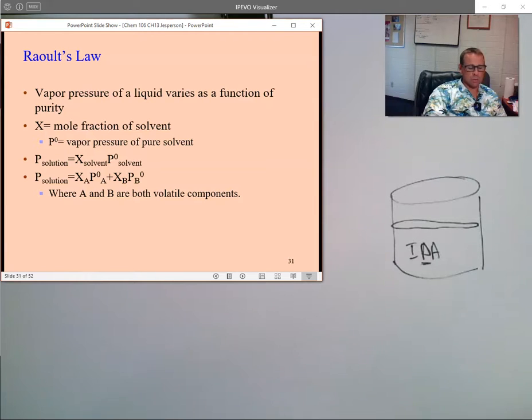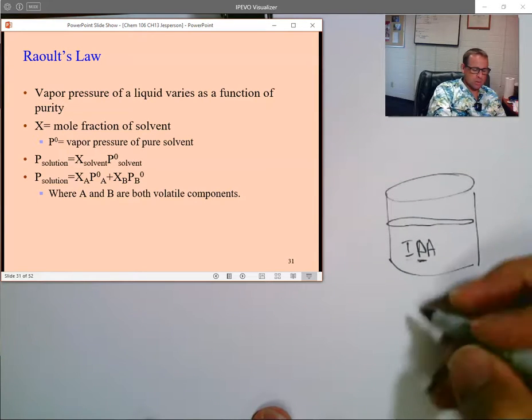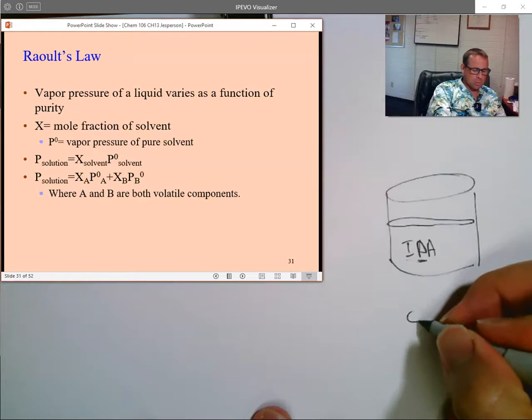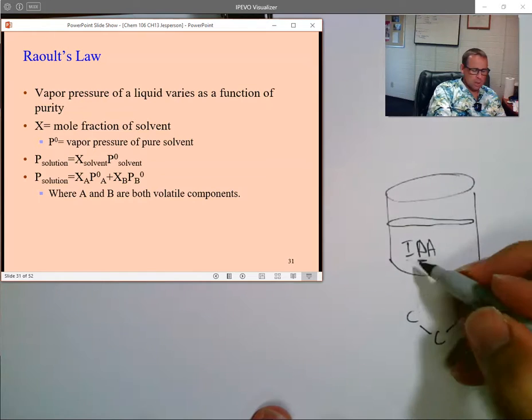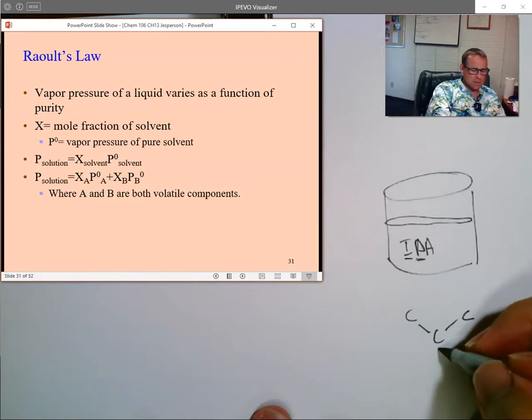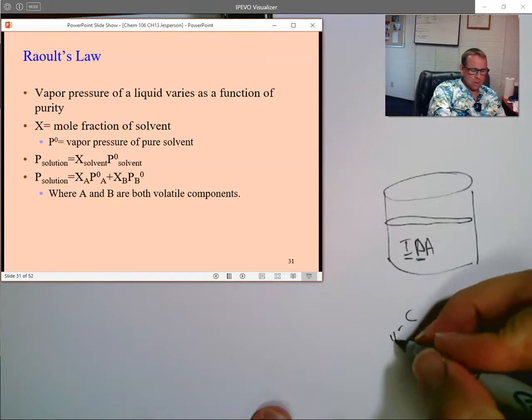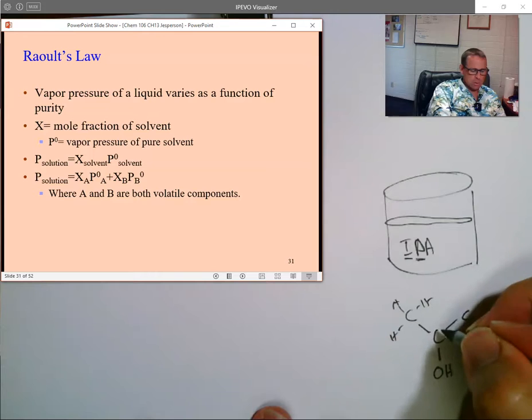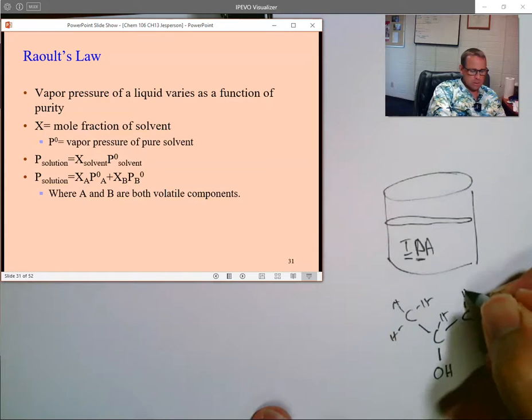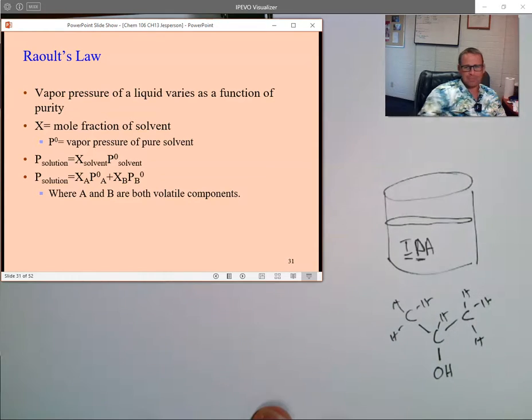That's right. Prop is 3. And the isopropyl means 3 carbons, 1, 2, 3. And the iso means that on the second group here, the alcohol is coming off there. So you have isopropyl alcohol. And then there's hydrogens everywhere else decorating this compound.